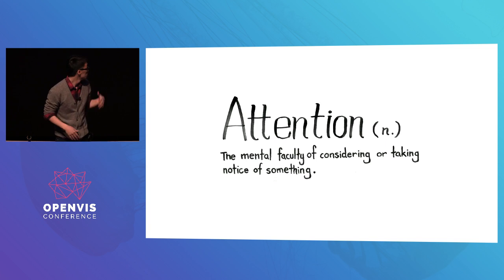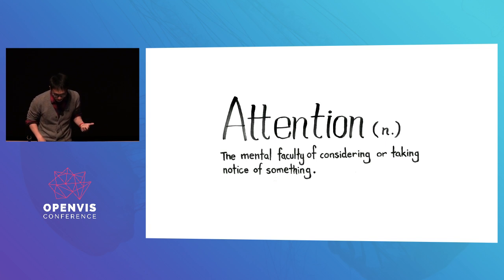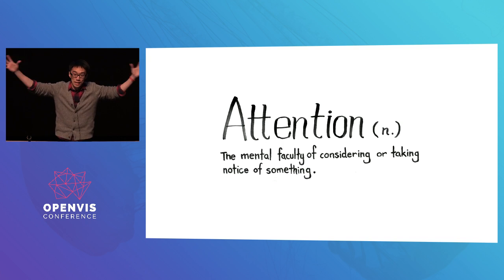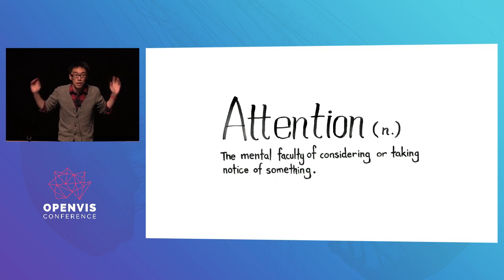What is attention? The dictionary definition is the mental faculty of considering or taking notice of something. From a cognitive science and psychology point of view, attention is really about how your brain is taking in tons and tons of information right now. Every one of you has eyes that take in more information, I think, than the bandwidth of Wi-Fi.